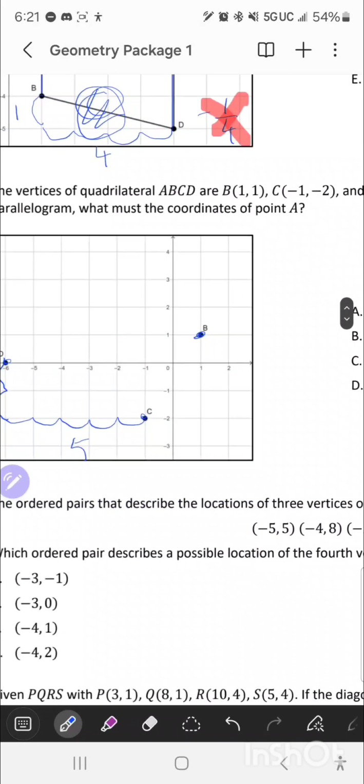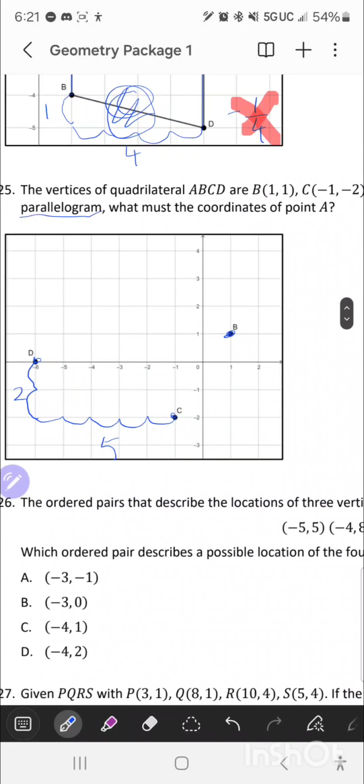Just remember, in a parallelogram the two opposite sides need to be parallel to each other. This one to this one and this one to this one. So there needs to be 2 in the y direction, and 5 in the x direction. So 1, 2, 3, 4, 5, and I get here.